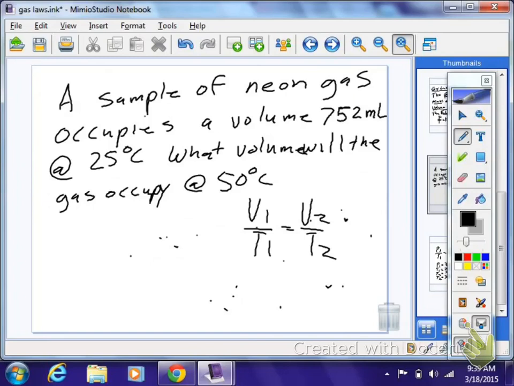Okay. So this is what we do. We get rid of that by cross-multiplying. You do that with numbers, you cross-multiply, you do it with symbols. So what we'll do is we'll set this up to say V1 times T2 equals V2 times T1. So what we've done, instead of cross-multiplying numbers, we've just done it with symbols.